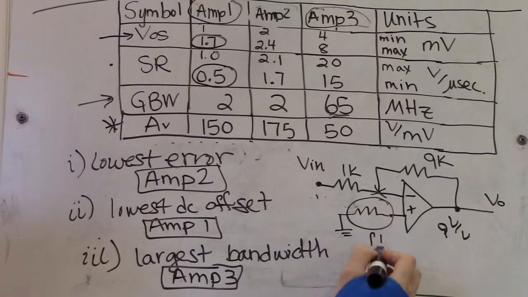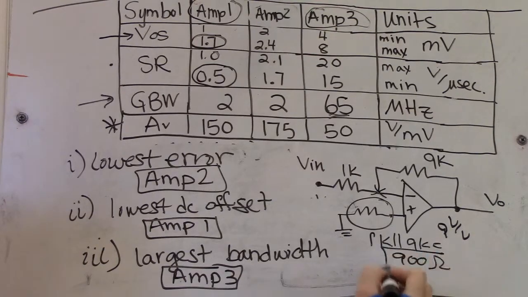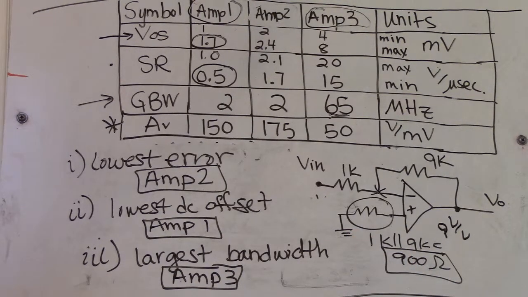That would be 1K in parallel with 9K, which equals 900 ohms. So you would put a resistor of 900 ohms at this terminal, and that would eliminate the effect of the input bias current. This concludes the majority of the questions that you'll see for the non-ideal effects.